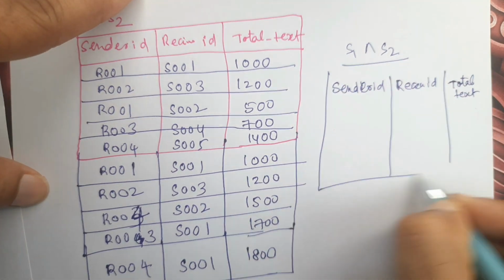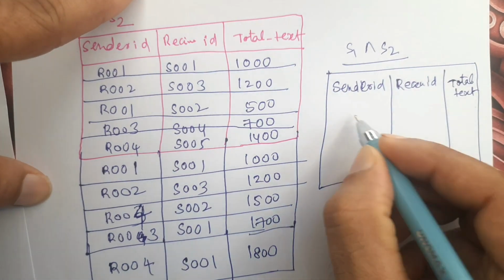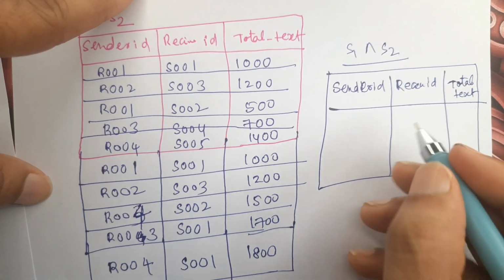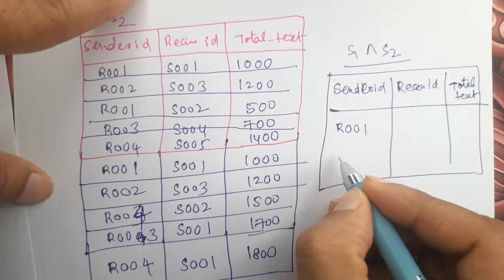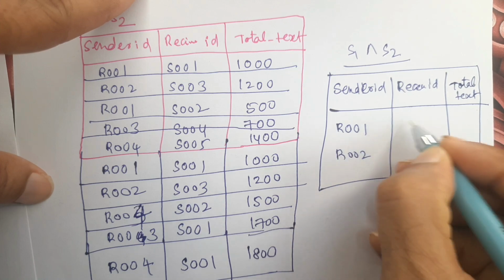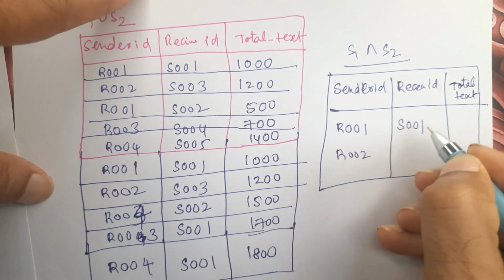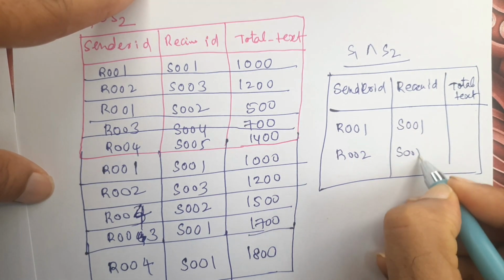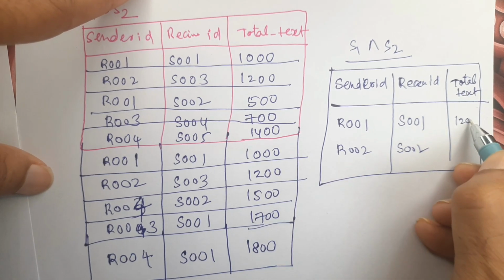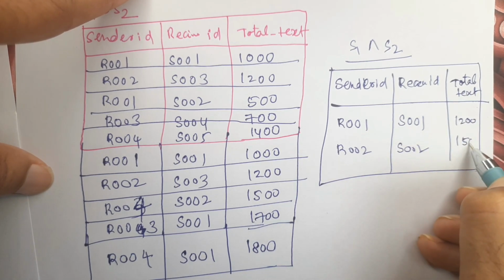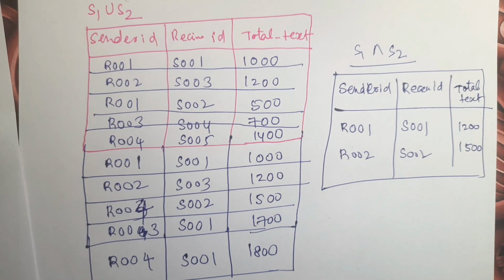In this we are going to have only two values. First one is R001, R002, S001, S002. Next 1200, next 1500. So remember, we find the values of union between these two, and intersection between these.